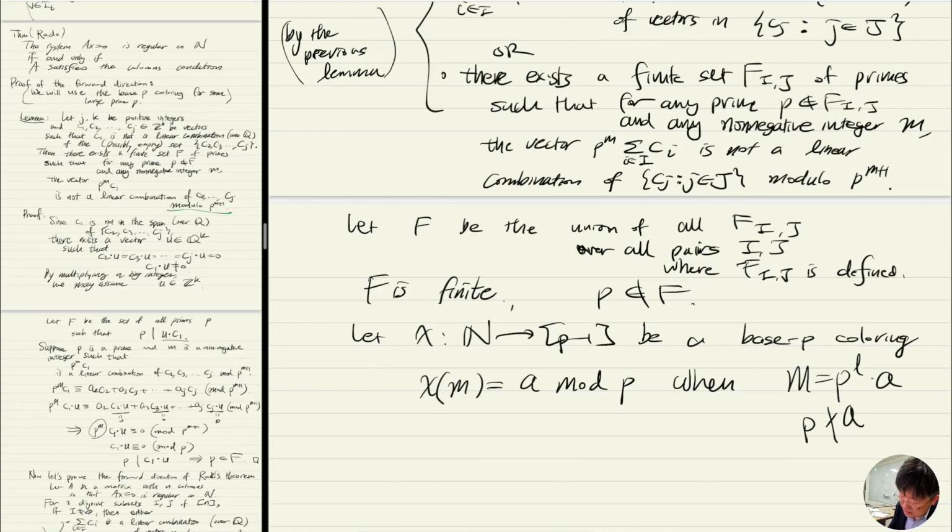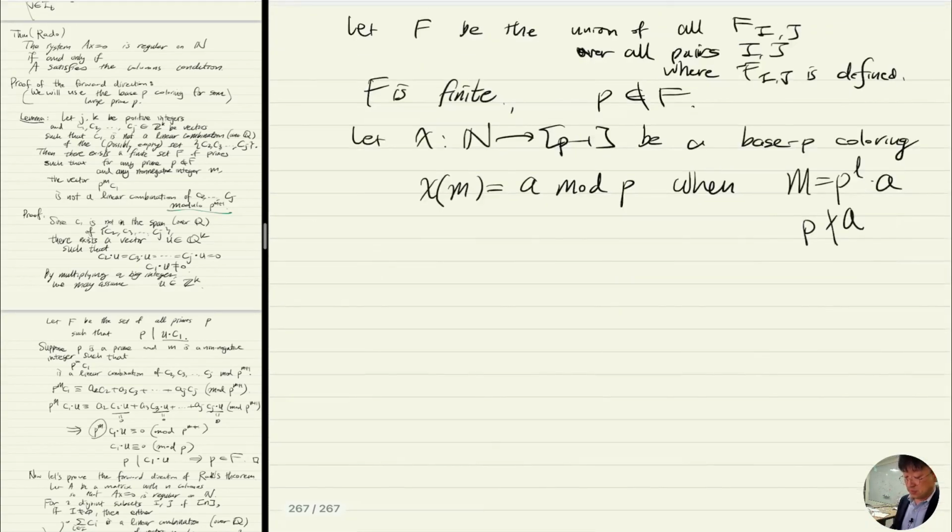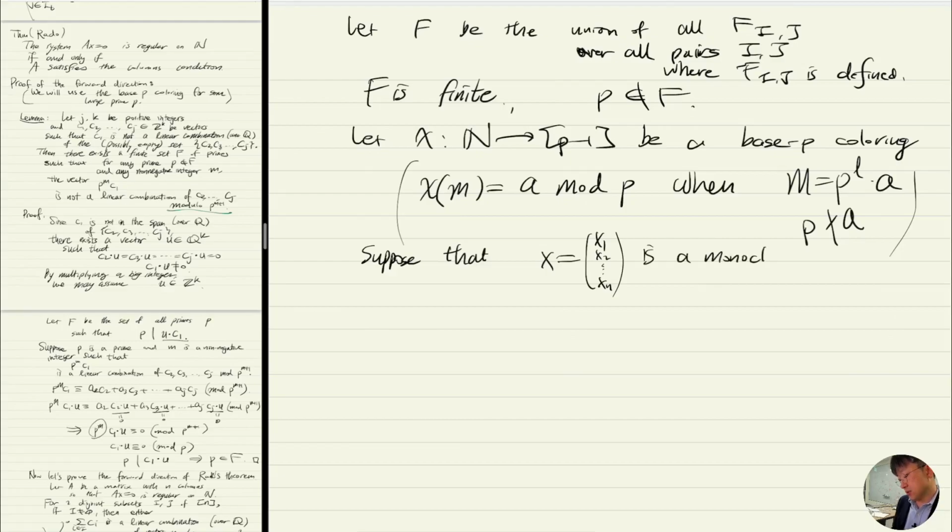So this is a number from 1 to p minus 1. So suppose that x1, x2, up to xn is a monochromatic solution.